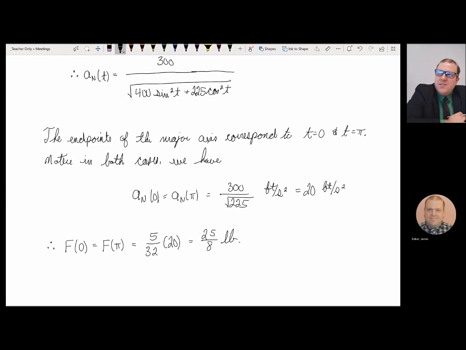What's cosine of pi? Cosine of pi is negative 1, right? But you're squaring it, which is why both are 1.